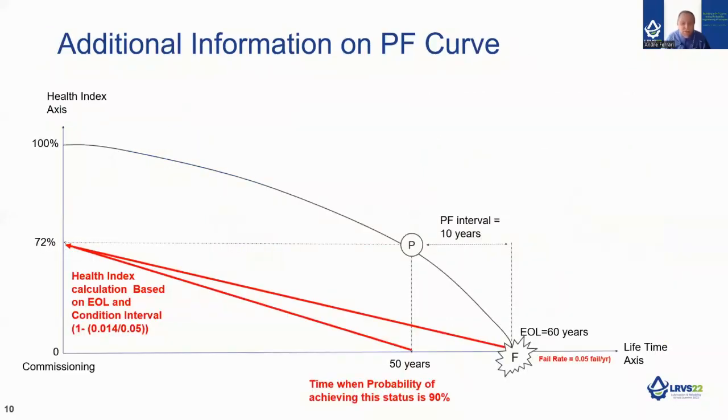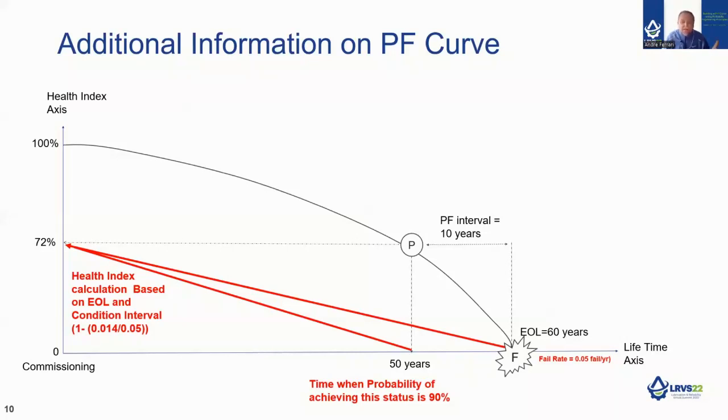This slide illustrates how the P point is calculated, as well as how the health index for the P point is calculated. There's a little bit of a mouthful here. A statistical distribution is obtained for the DGA status 3 occurrences, the transformer being considered a repairable system. The P point is defined as the 90% probability of achieving status 3, which in this case is 50 years.